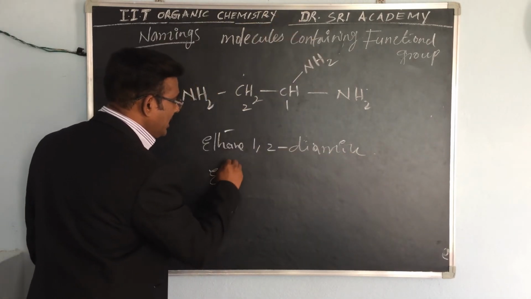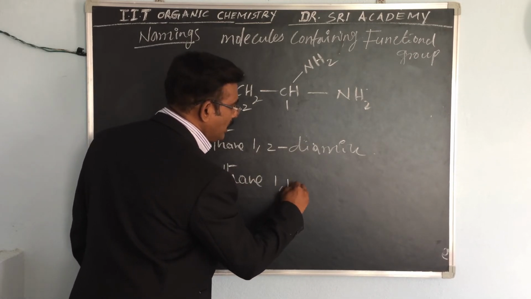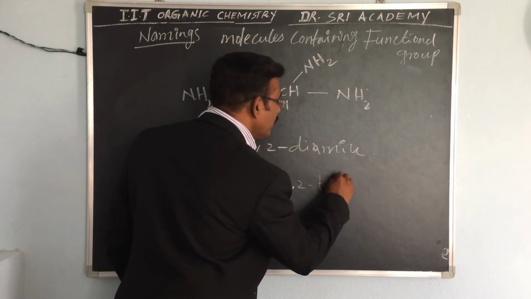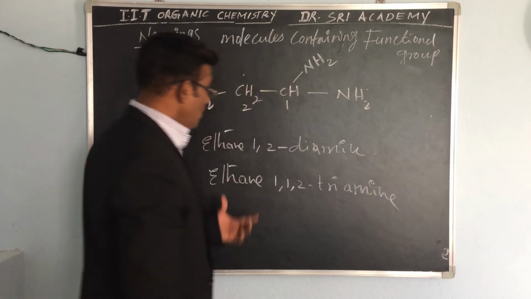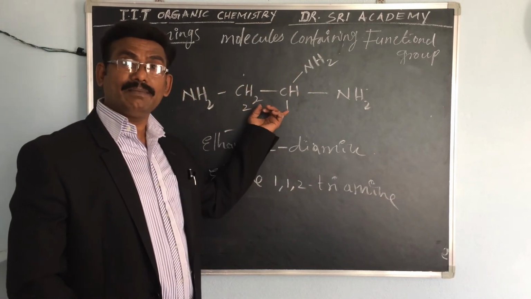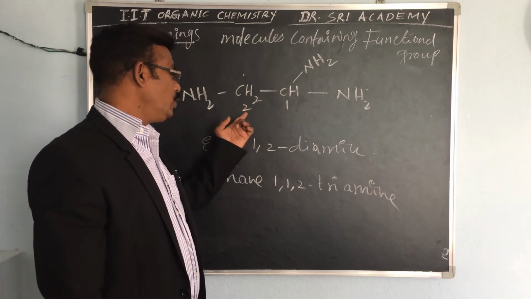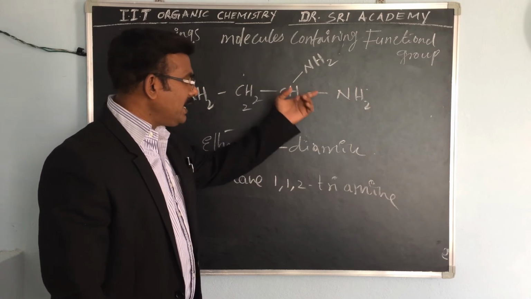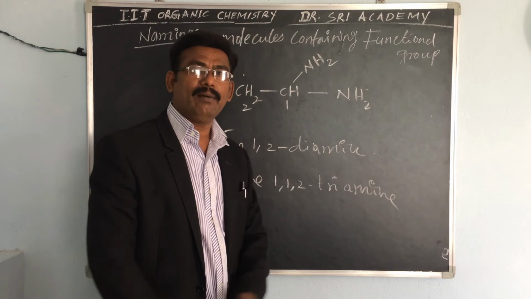So ethane 1, 1, 2 triamine. So the first number is repeated. See 1, 1 and 2. So ethane 1, 1, 2 triamine, like that.